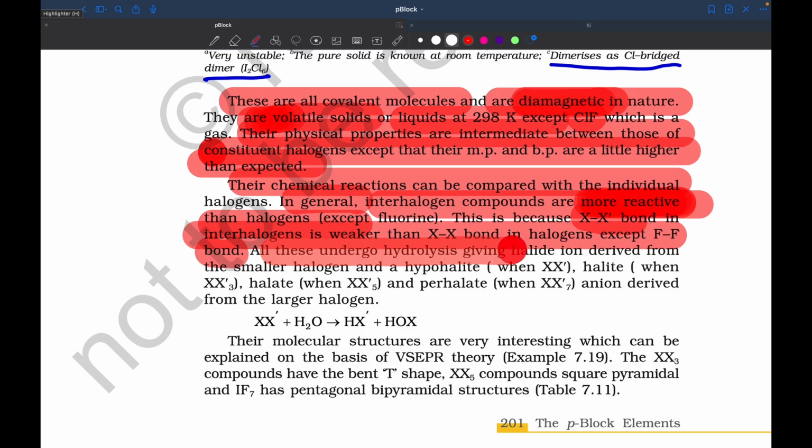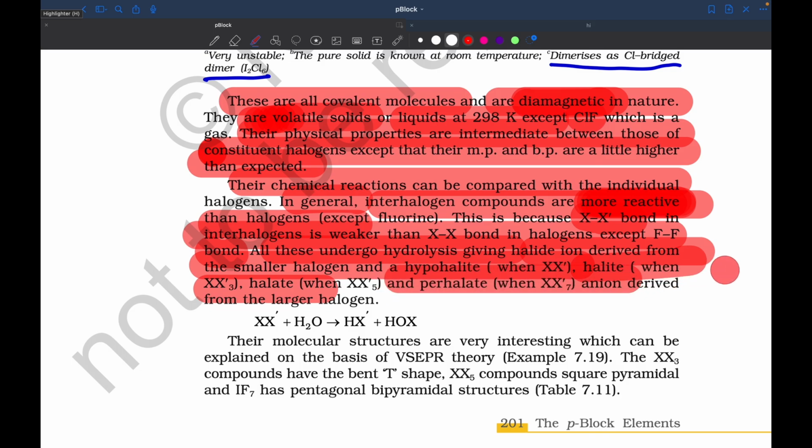All these compounds undergo hydrolysis, giving halide ion derived from the smaller halogen and hypohalite, halate, perhalate anions derived from the larger one.